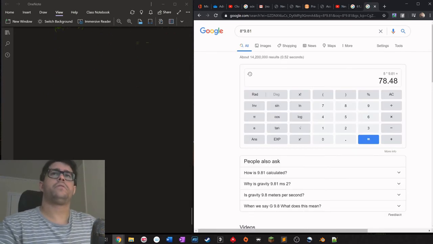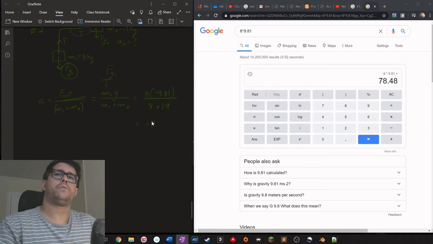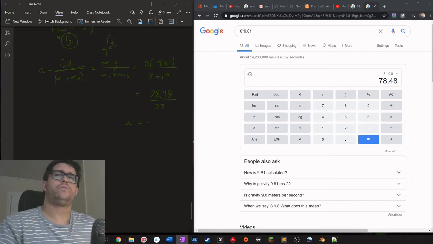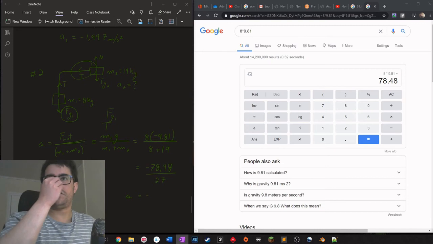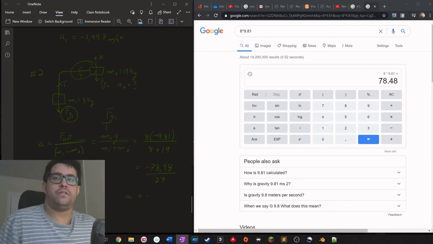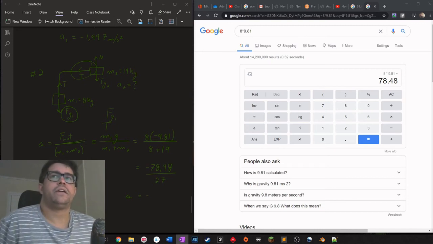7848 over 27. So the acceleration is minus, which is true because it's going down on the left side, which is negative.